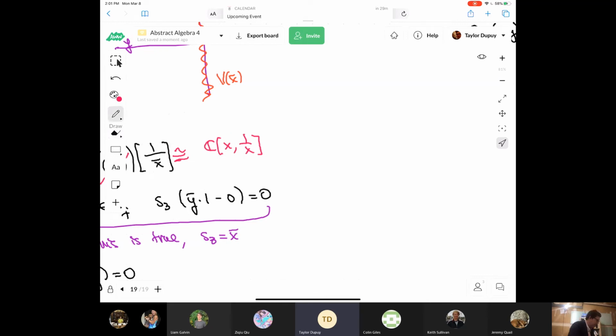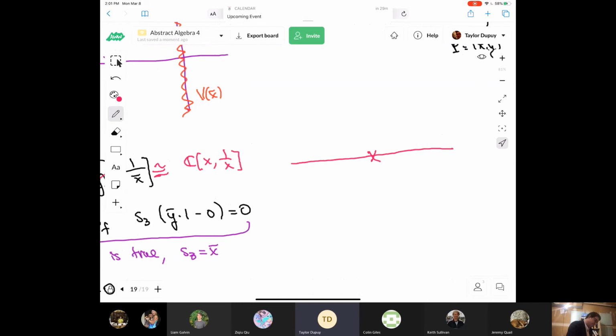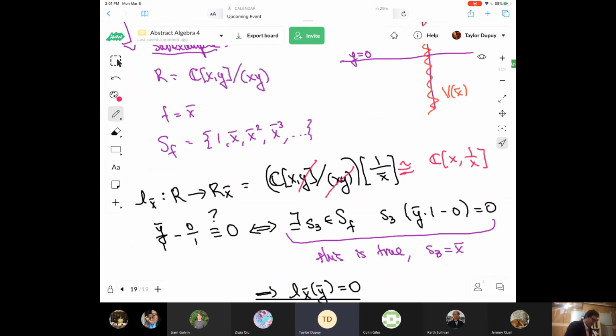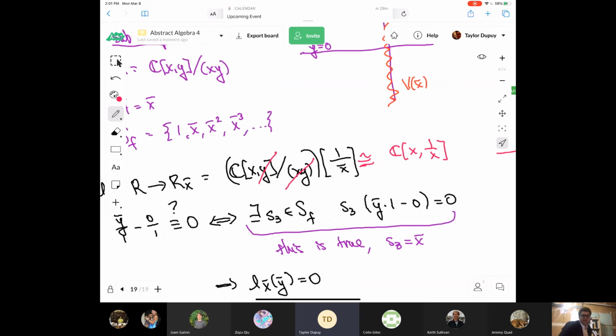We removed only the x-axis, I guess. So we have this line, and then we've removed the origin. This is the drawing of Spec of C[x, 1 over x]. We removed the denominator there. So localizing gives an example, and I'll repeat this again in the next class.